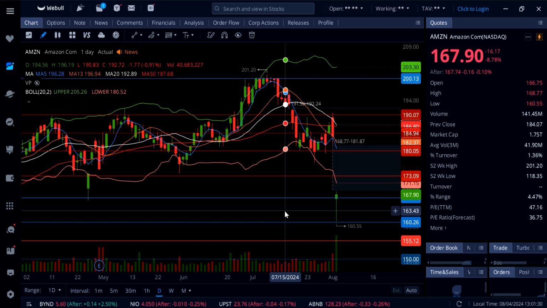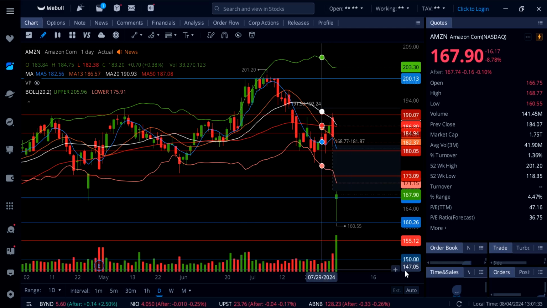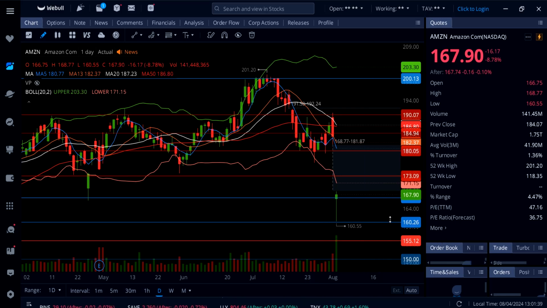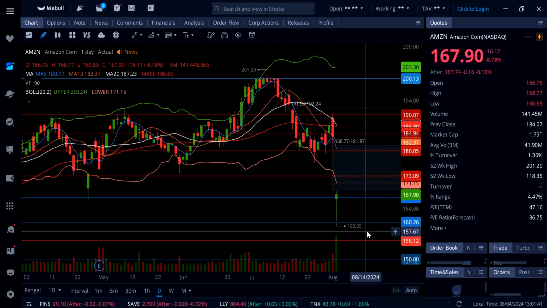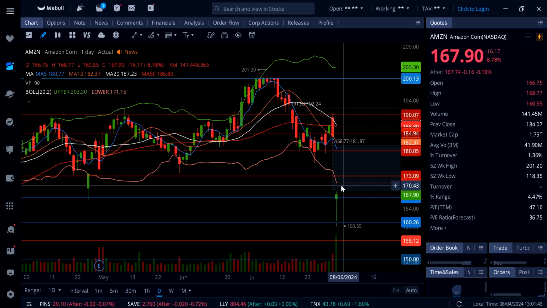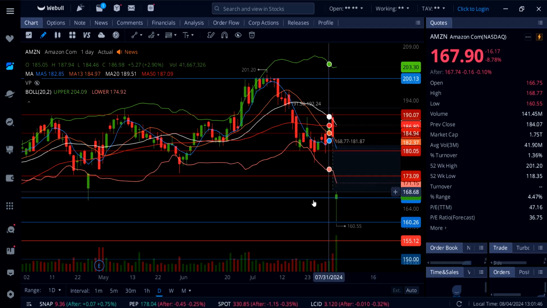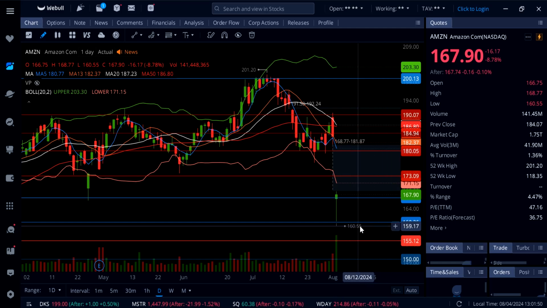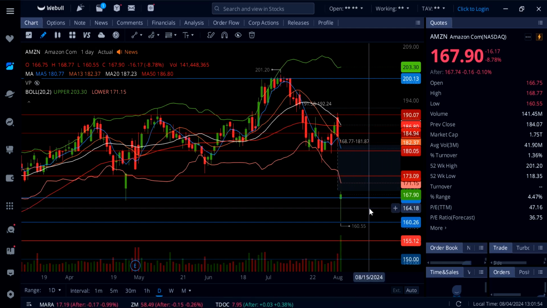Now, Amazon, what happened on Friday? This is actually a massive sell-off right here on Amazon. Look at this move. And up until now, guys, this thing is trading under 171, the lower Bollinger Band, and look at this extension that we got all the way down to the next support at 160, and then we got a bounce off of that level. And now it's trading over where?